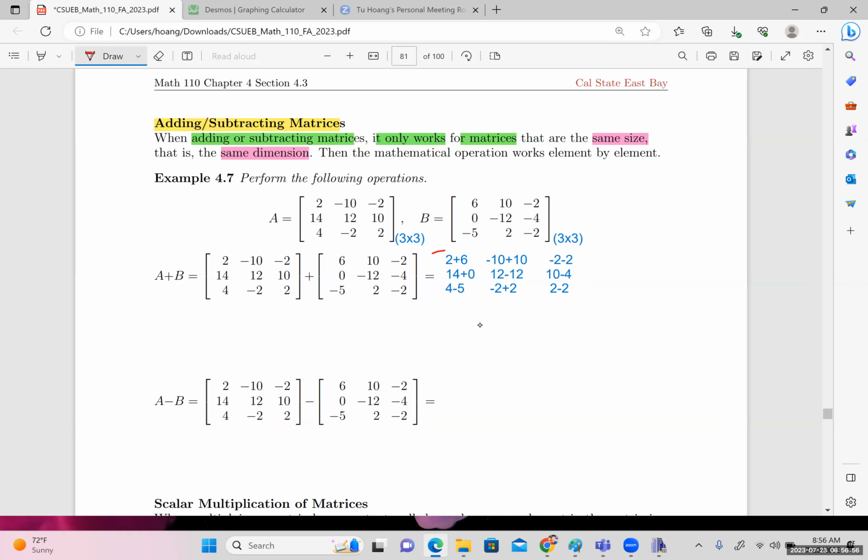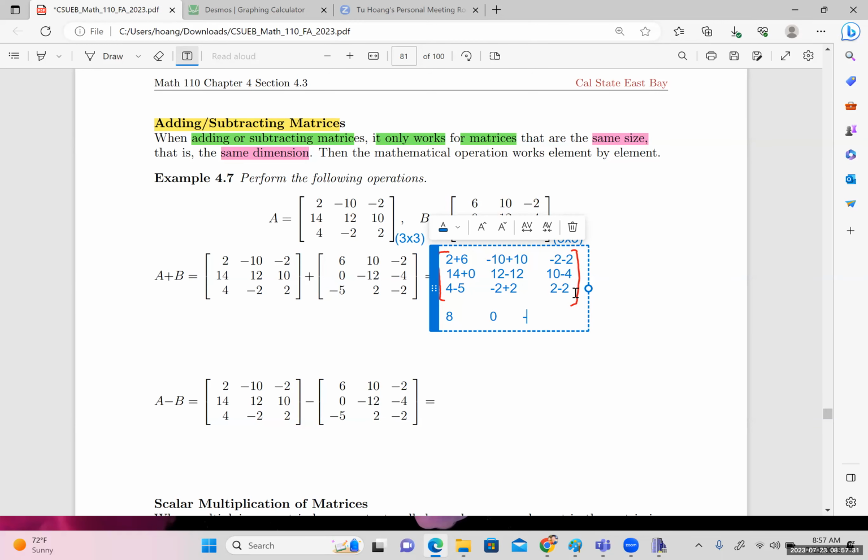So then, okay, so this is the matrix that we have for the addition, and we're gonna simplify it. So 2 plus 6 is 8. And then this guy is gonna be 0.